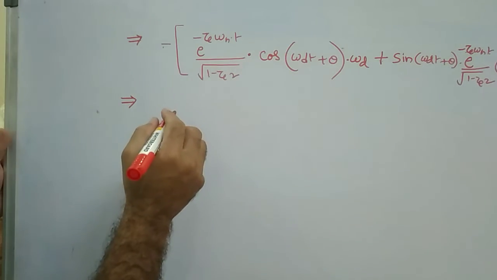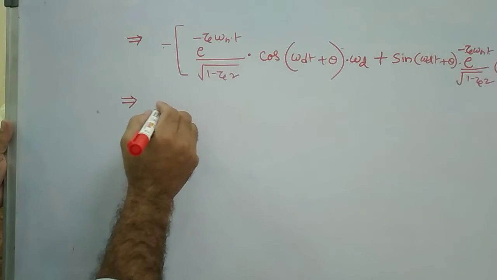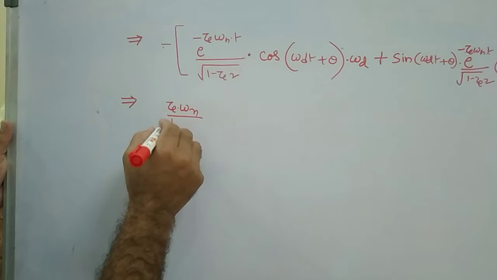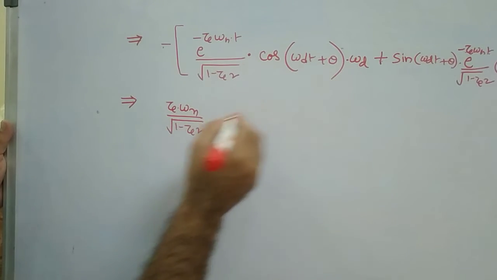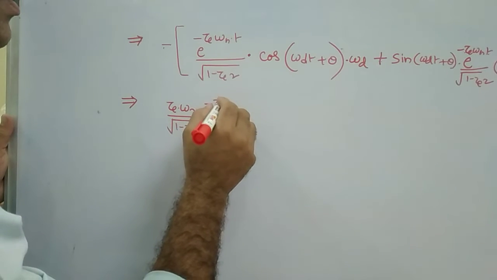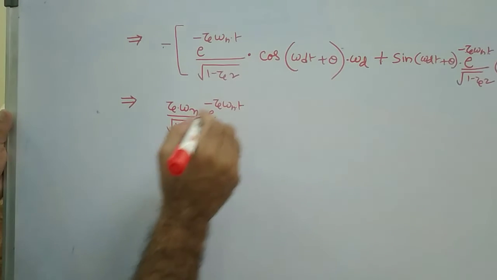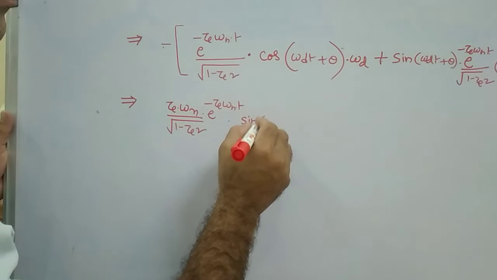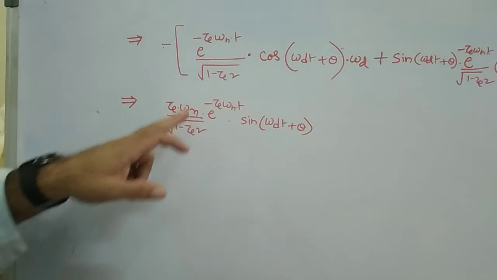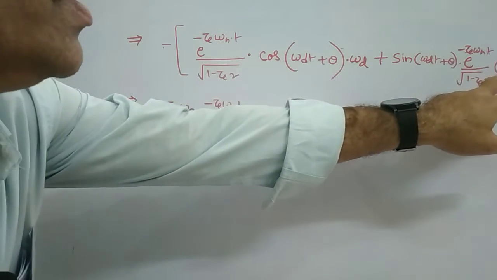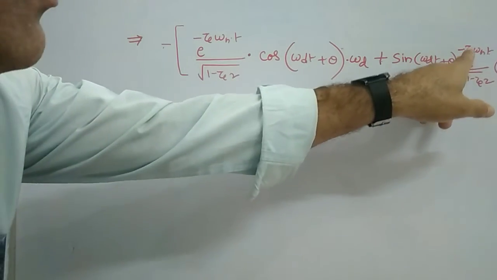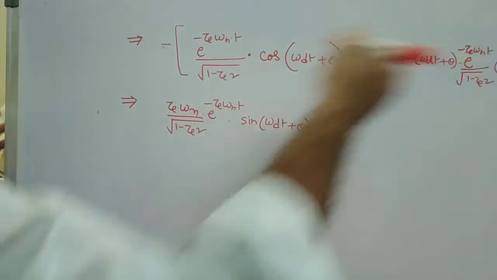So again here, basically what I will have is zeta omega n by square root of 1 minus zeta square, and e power minus zeta omega n into t of sine of omega d t plus theta. First term, everything I have written, nothing new. So zeta into omega n by square root of 1 minus zeta square, e power minus zeta omega n t, as it is I have written here.